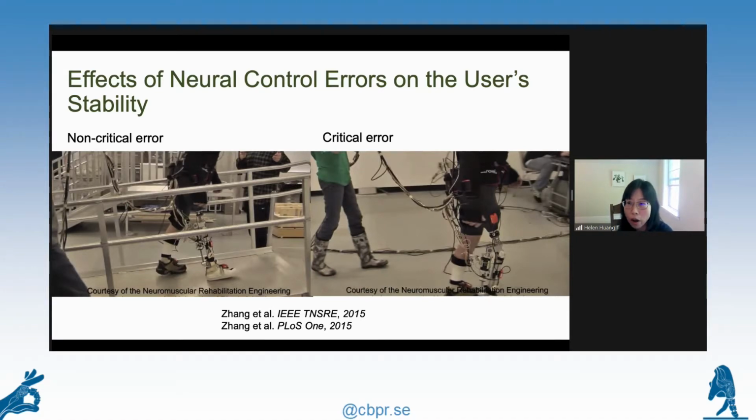And then the user also gave feedback saying that this error feels unstable. So we call it a critical error. And through these two studies, we have quantified the characteristics of these errors. So what errors can be classified as a critical error? And in future work, we definitely need to address these critical errors or delay to make sure the system is safe.